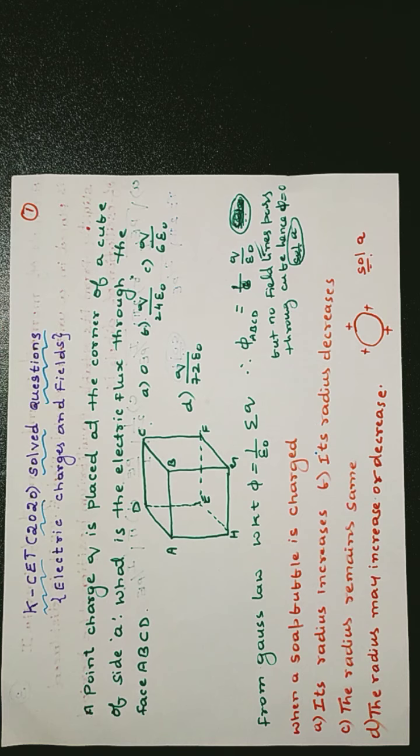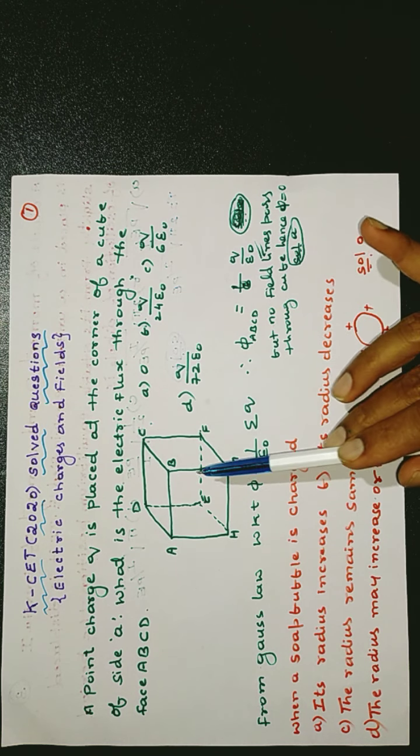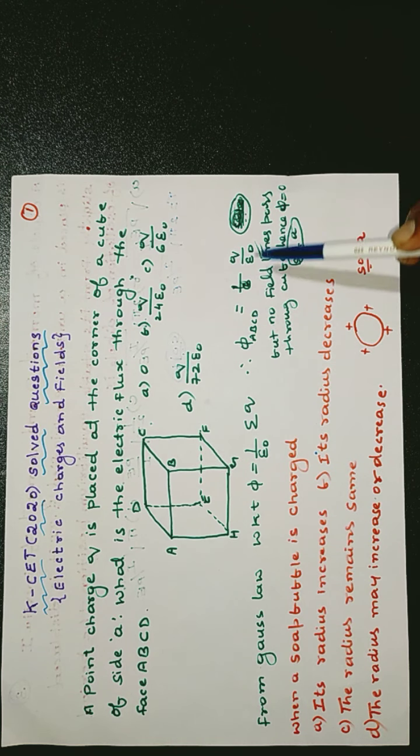The number of electric lines of force passing normally through a surface. Since no electric lines of force pass through the surface, electric flux through the face ABCD would be 0. In fact, from Gauss theorem, it is 1 by epsilon naught times Q. But since no electric lines of force pass through the cube, flux is 0. That is choice A.